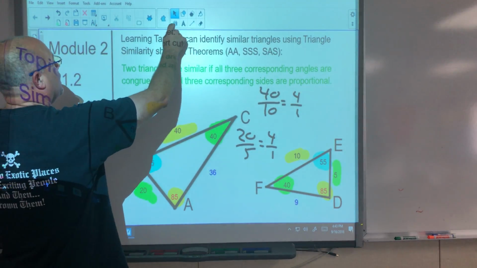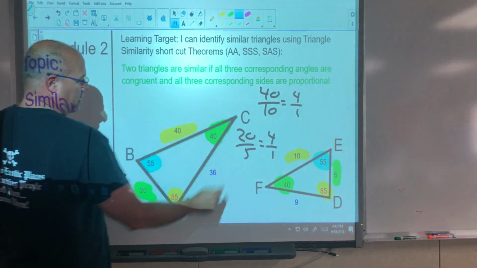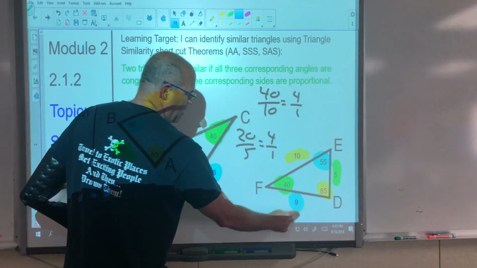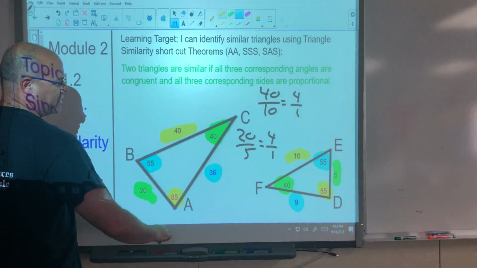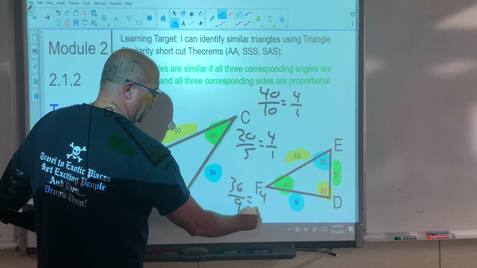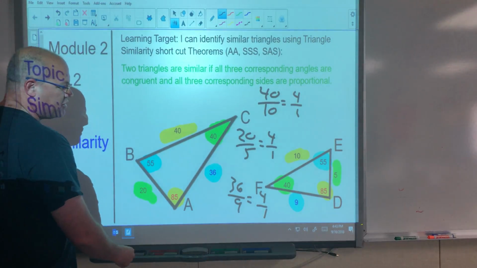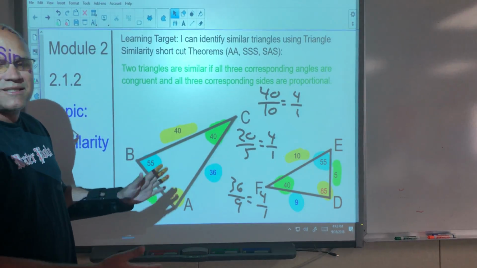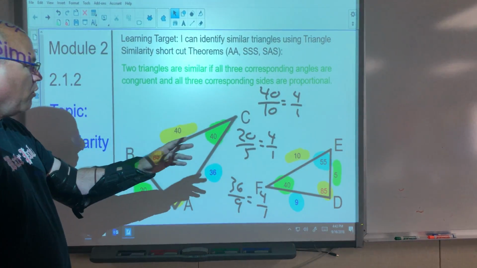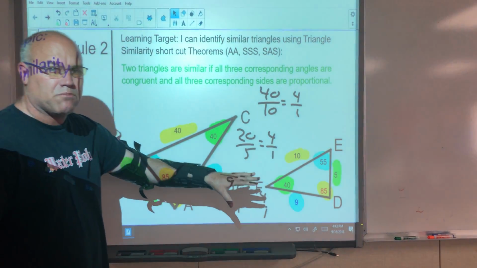Finally, the other sides, the 36 and the 9, correspond to each other. And the ratio of 36 over 9 is also 4 over 1. So we would say here that the sides are all proportional. They all share the same ratio, 4 to 1, when you put large over small.